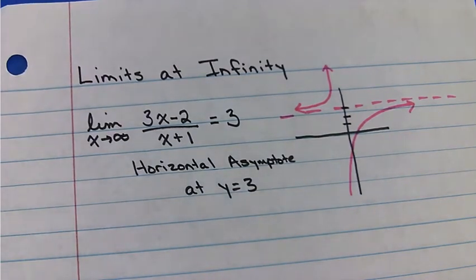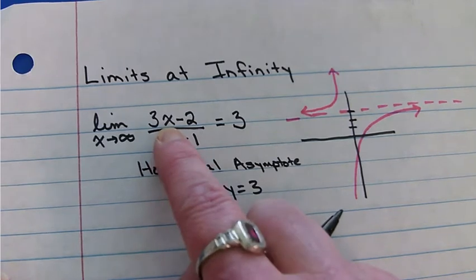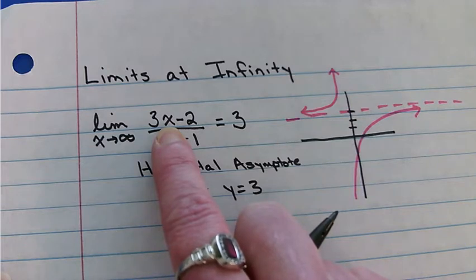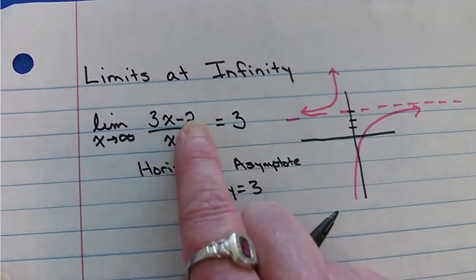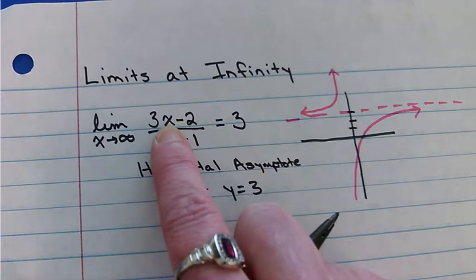Now I told you I was going to show you other ways to think about this. Well, the other way to think about this is if I'm letting x get super, super, super big, like billions, 1 billion, does subtracting 2 really affect a billion? Or would multiplying by 3 affect it more?